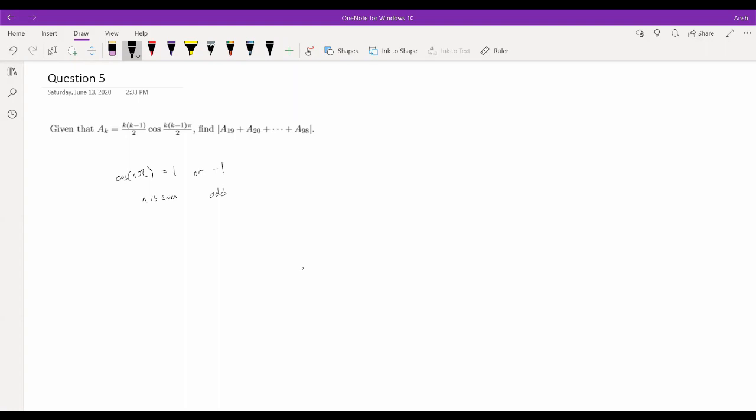So what we get is that a of k is equal to k times k minus 1 over 2, and if it's odd, it's negative, and if it's even, it's positive.